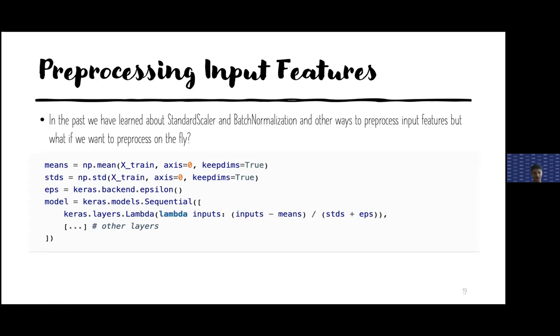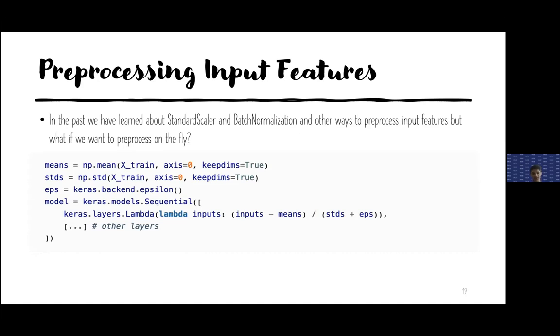Now we're going to go on to the pre-processing part of the talk, and this is the second part of 3. We've learned a lot about pre-processing in the beginning when we were doing the basic machine learning models. In I think chapters 2 and 3, we were talking about the scikit-learn StandardScaler class.